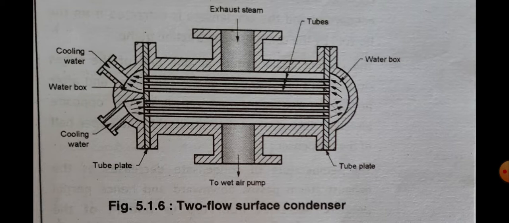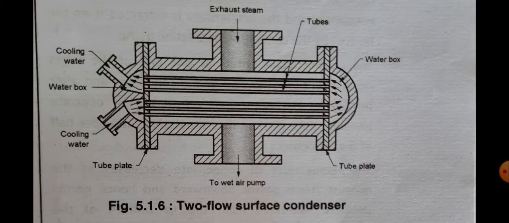First requirement is the steam is equally distributed over the whole cooling surface area of condenser. Second requirement of surface condenser is there should be no subcooling of condensate.